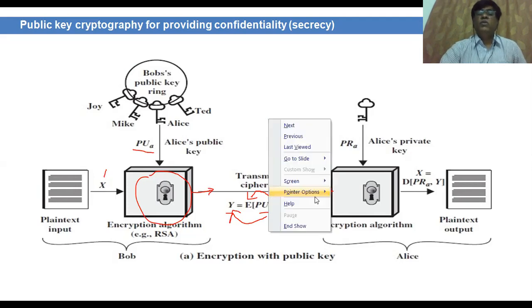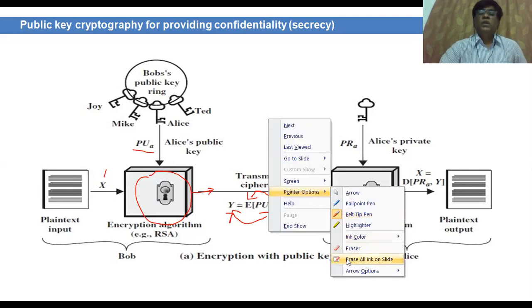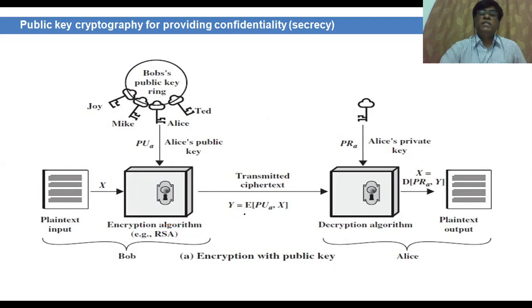So Y equals E of PU comma X: the ciphertext is the encryption of X using Alice's public key PUA. Now Y is the ciphertext, and it is sent to Alice.